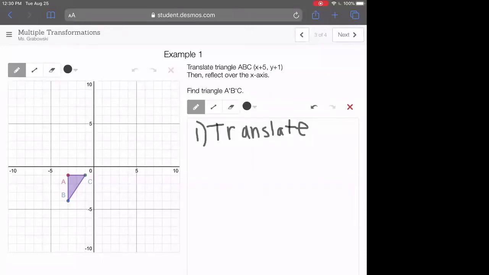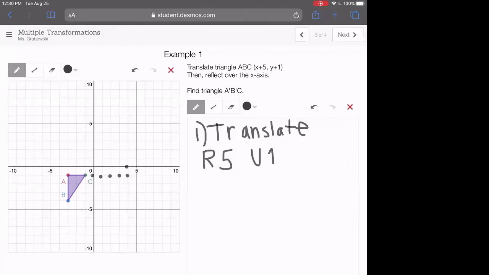So I'm gonna go right 5 for each point. And then I'm gonna go up 1. So I'm gonna go and plot an example point. I'll do C, and I will do right 5, 1, 2, 3, 4, 5, and then up 1.